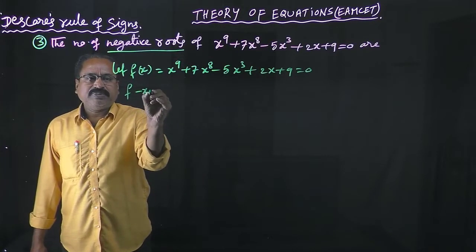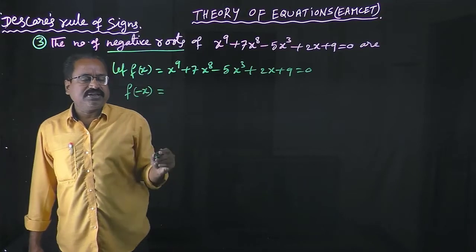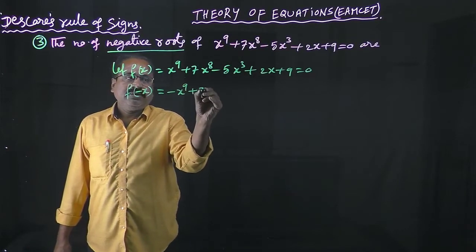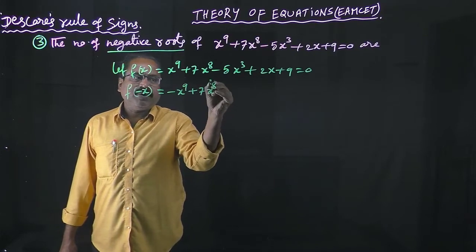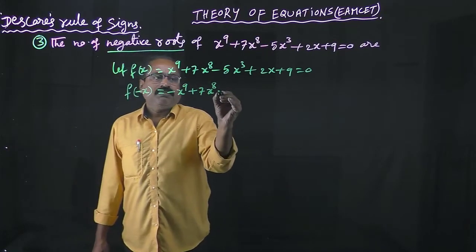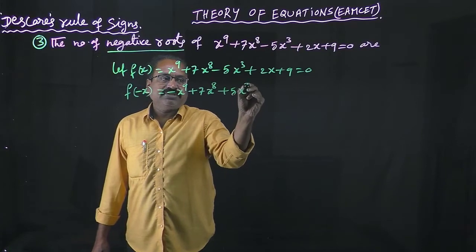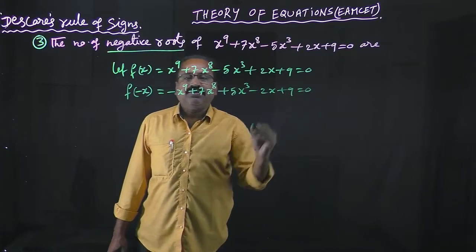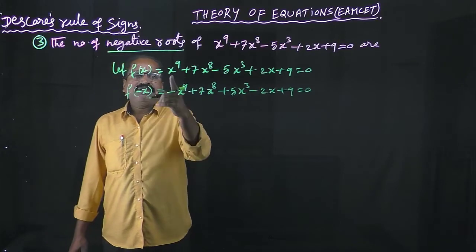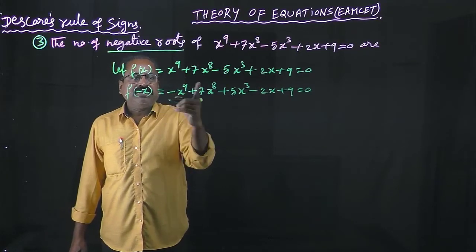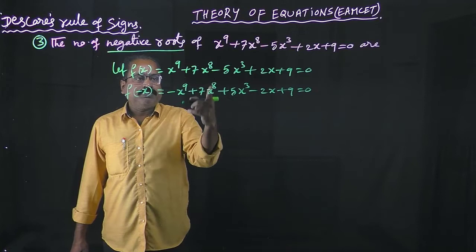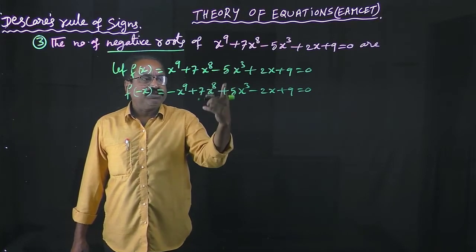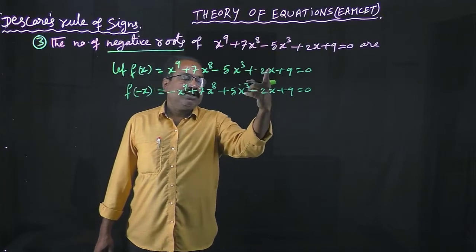Replace x by -x. f(-x) = -x^9 + 7x^8 + 5x^3 - 2x + 9 = 0. (-x)^9 is minus, (-x)^8 is plus, (-x)^3 is minus, here minus into minus is plus, and -x.